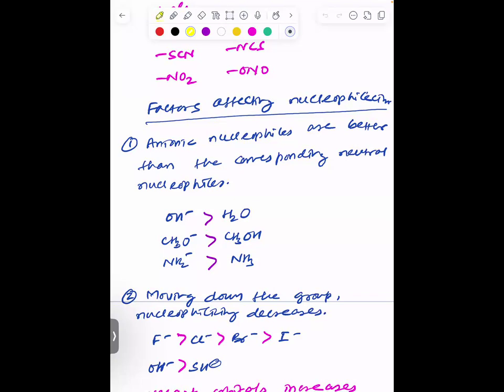Obviously, the anion has more charge density as compared to the neutral nucleophile. So anionic nucleophiles are better than the corresponding neutral nucleophiles. OH minus has more nucleophilicity than H2O. CH3O minus is more nucleophilic than CH3OH, and so on.